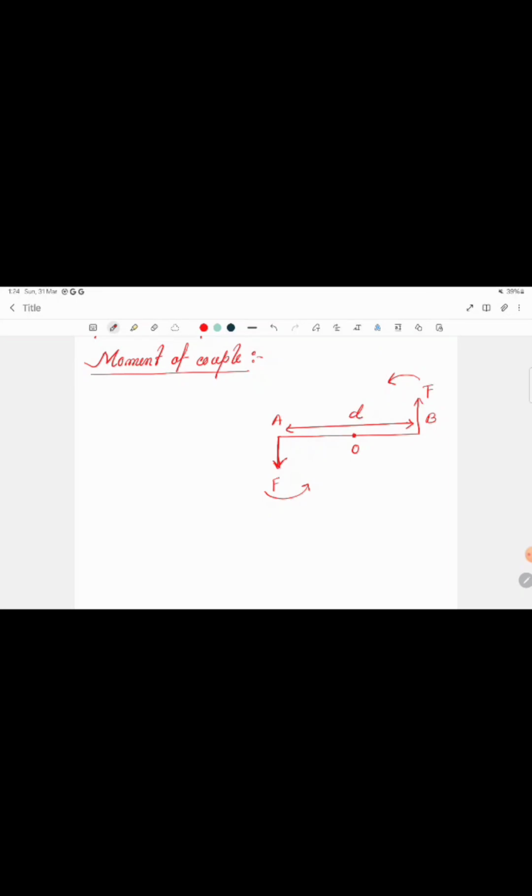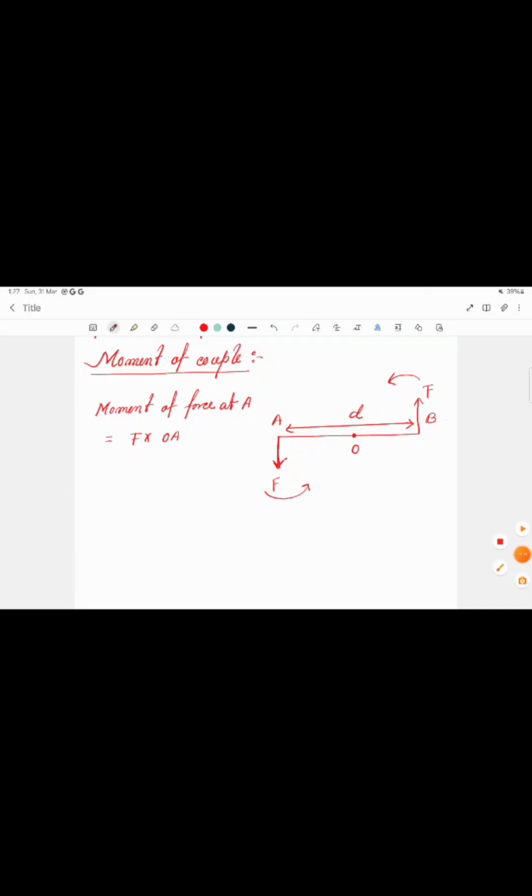Now whenever we apply the force F at A, we can calculate the moment of force at A equal to force into OA, F into OA.